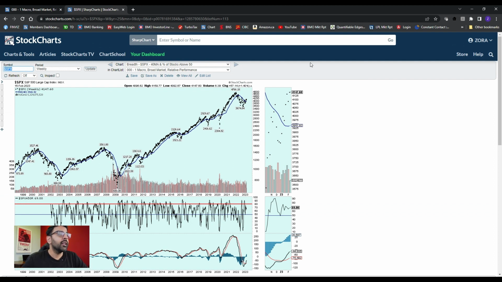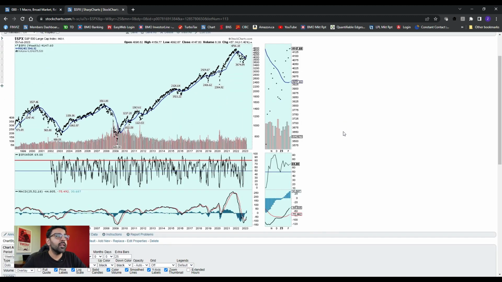Pocket dials, all that. Another interesting breadth tool is the number of stocks above their 50-day moving average. Right now we have about 70% of stocks above their 50-day moving average. That's really bullish.